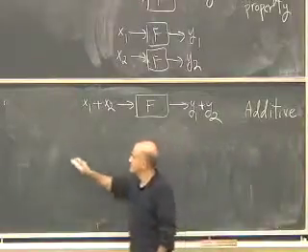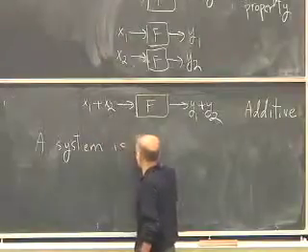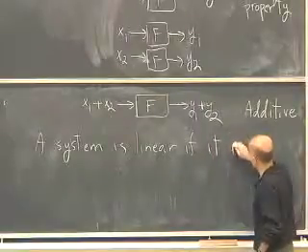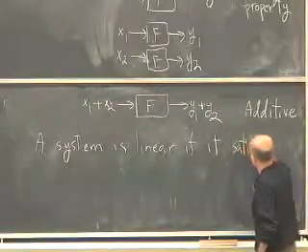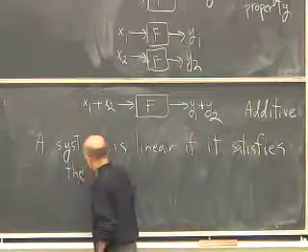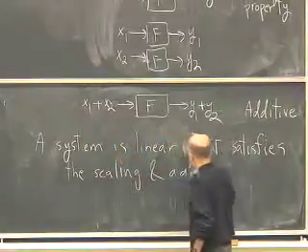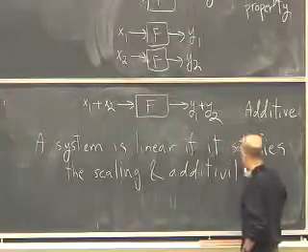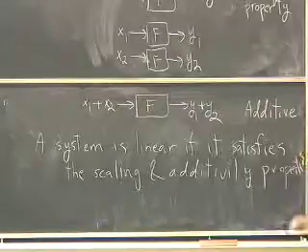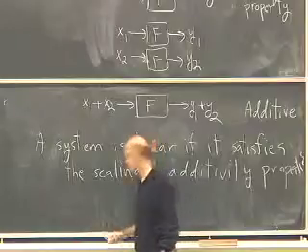The system is linear if it satisfies the scaling and additivity properties, i.e. superposition.